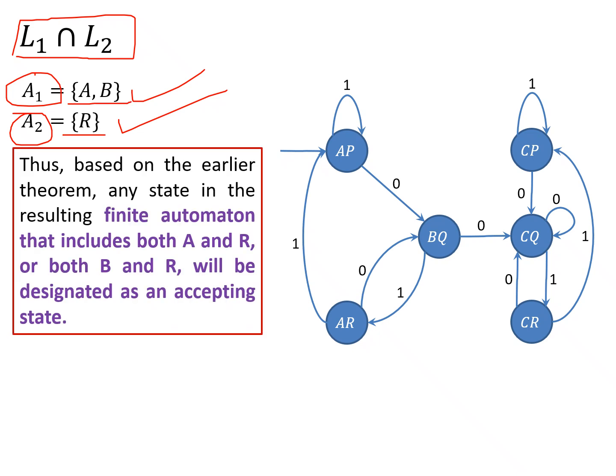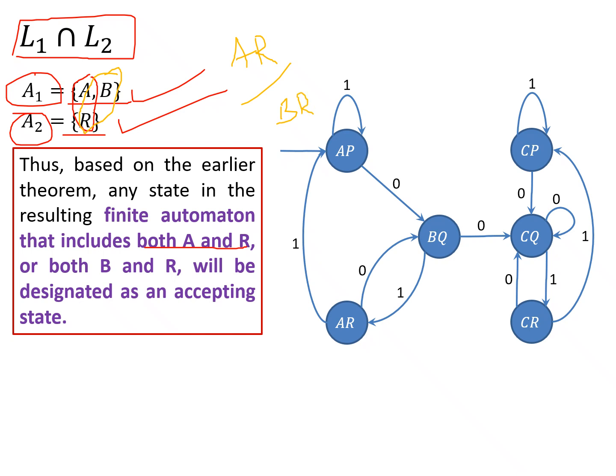So based on the earlier theorem, any state in the resulting finite automata that includes both A and R, or both B and R. So if both are there, AR is there, or BR.